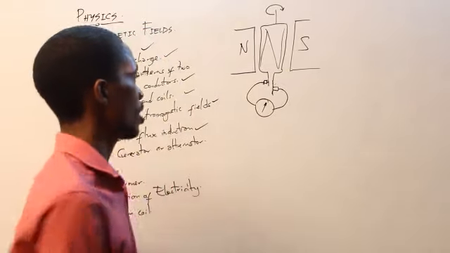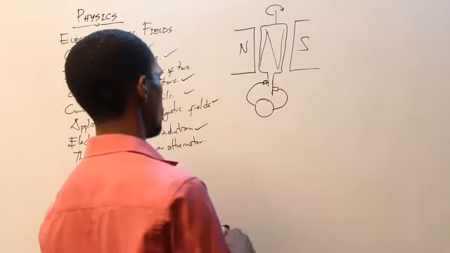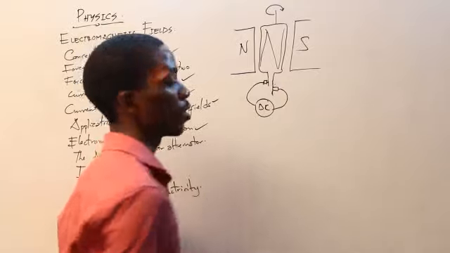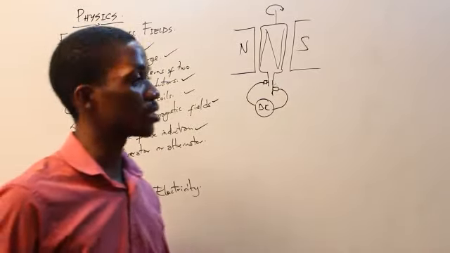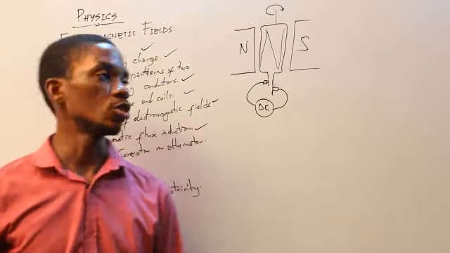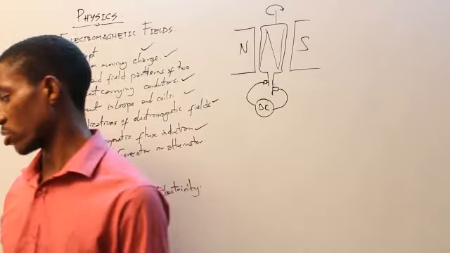And in this particular case, we have DC being produced and not alternating current. That's the basic difference between your DC generator and your AC generator.